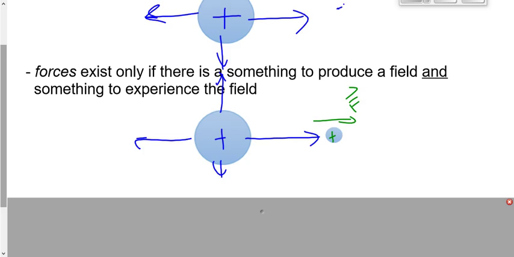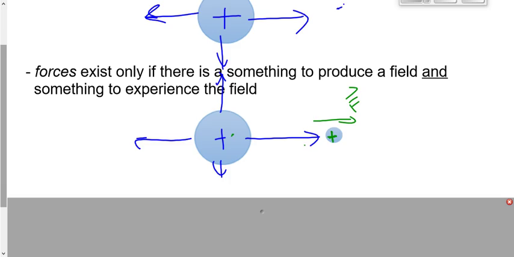Why is it drawn outward away from this particle? Well, because if I put a little positive experiencer in there, which way is it going to go? It's going to repel this guy, right? It's going to be pushed away from this guy. So if it experiences a force to the right, then by definition, the field has to be to the right, because we define the field direction as the way that a positive particle would move if placed in the field.